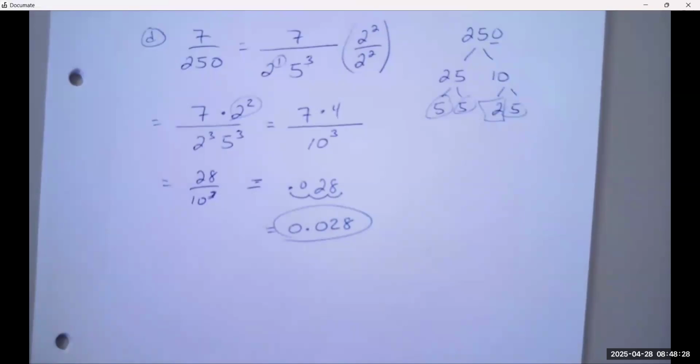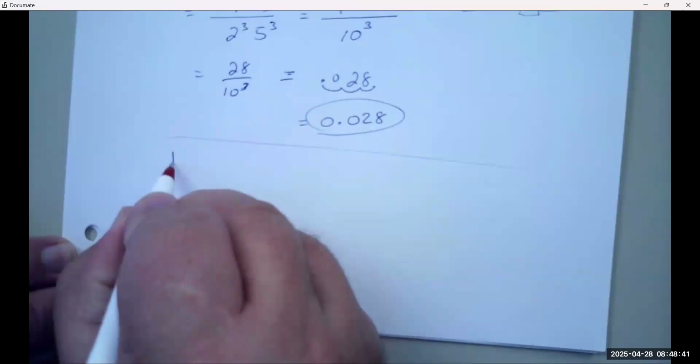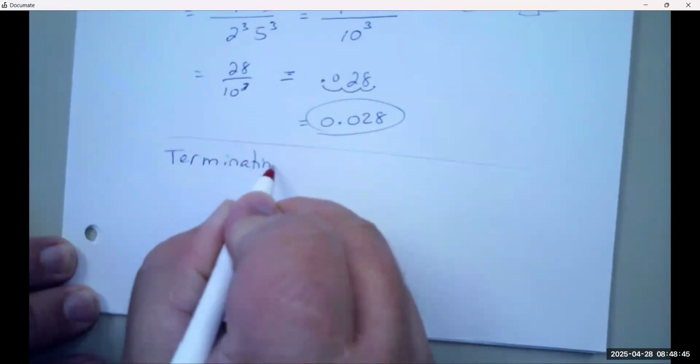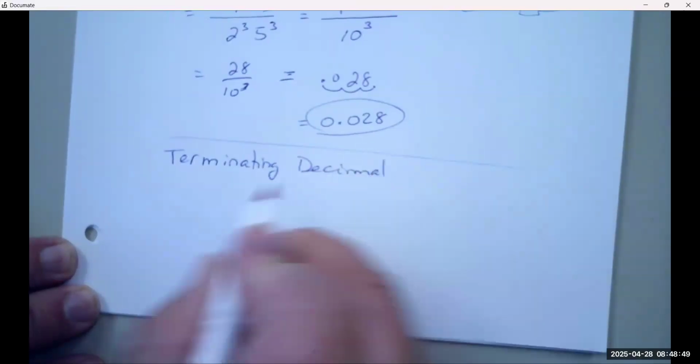Notice that each of these decimals were finite. They didn't go on forever. That's called a terminating decimal.